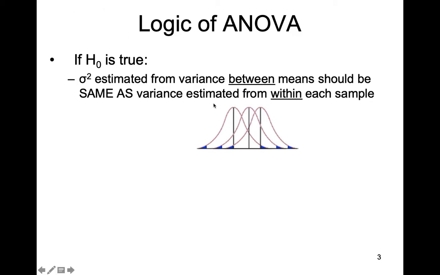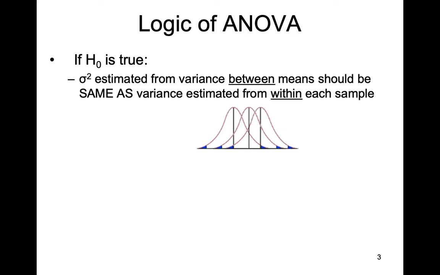I've just put the three population distributions here so you could see them, but really under the null hypothesis, these three population distributions would be exactly overlapped or overlaid on one another. So it would look like there's just one there, but I wanted to show you that there's three.